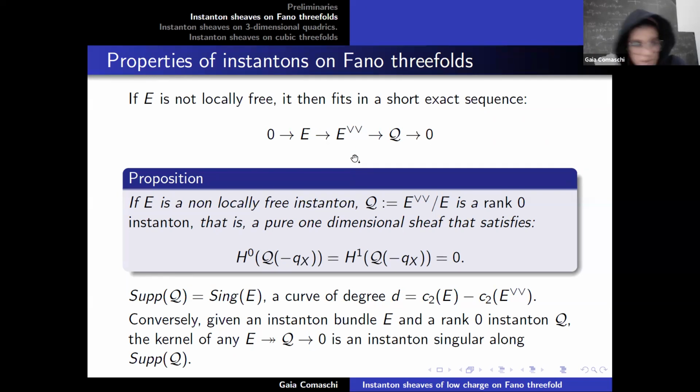Note that conversely, whenever we start from an instanton bundle E and a rank 0 instanton Q, and we take a surjection from E to Q, then the kernel will be an instanton sheaf that will be singular along the entire curve that is the support of the sheaf Q. Usually this operation, so taking this epimorphism, is called an elementary transformation of E by Q.